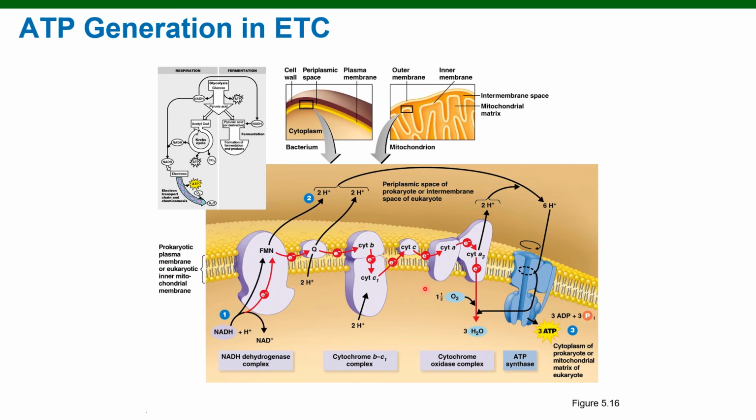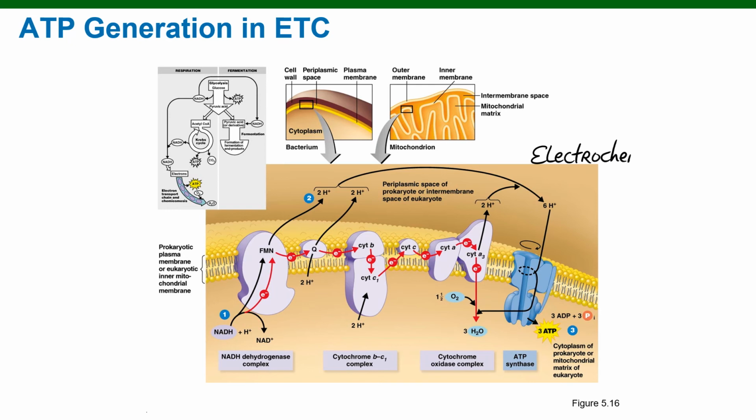So ATP synthase physically, mechanically rotates around as hydrogens flow from an area of high concentration to an area of lower concentration. This phenomenon is driven by what's called an electrochemical gradient.